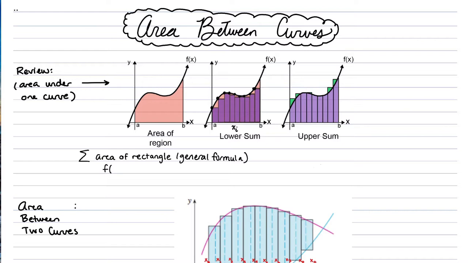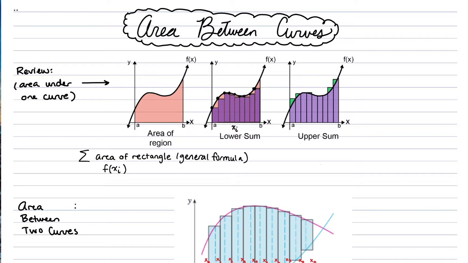We're using these subscripts that are variable because the number of rectangles could vary. So f of xi is going to give us the height. And for any rectangle, remember that there's length times width. We've got the height, we need the width. Notice that when we draw the rectangles, we're making sure that they have a uniform width.